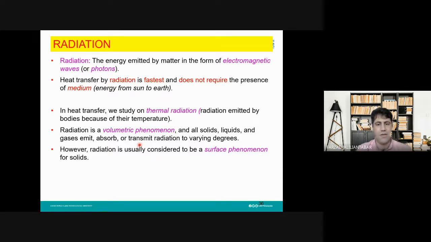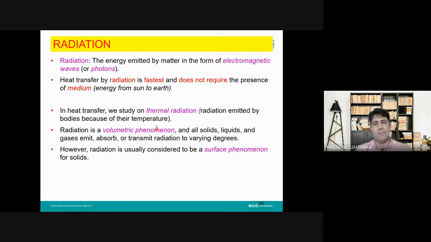So any substance, all types of substances, emit, absorb, and transmit radiation. This is also important, and later, you will see why it is important.